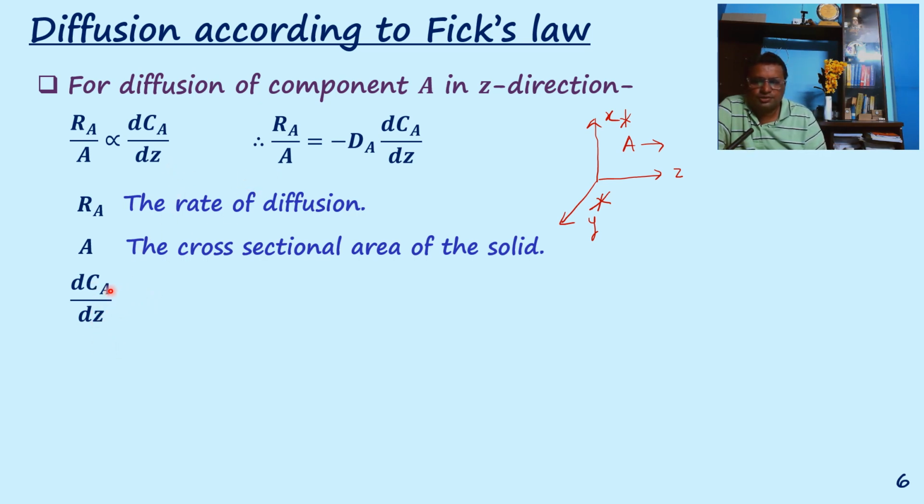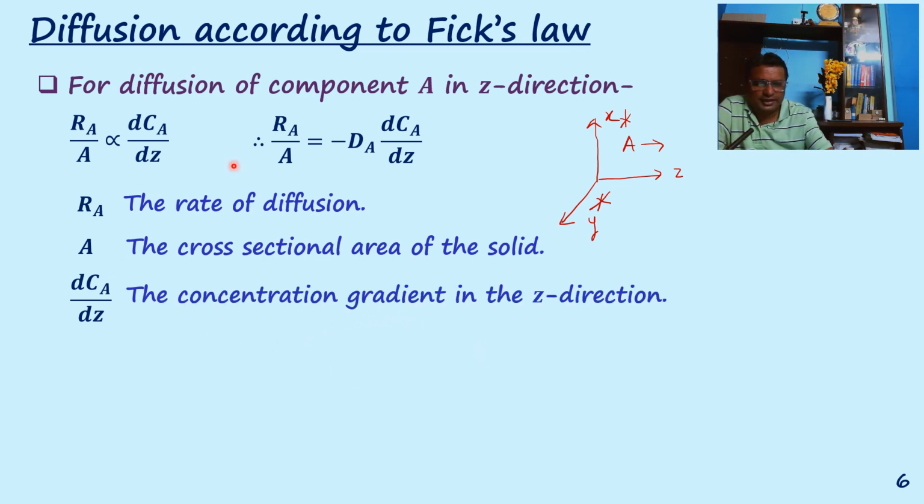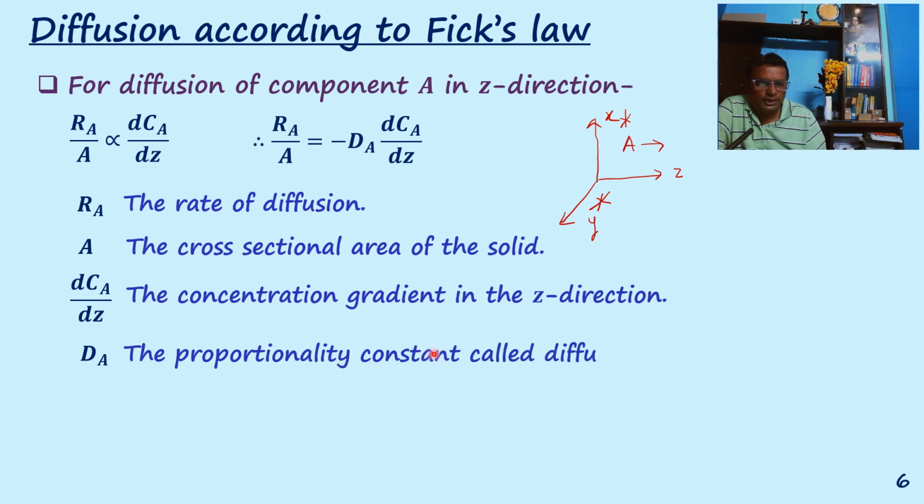It tells how concentration of A changes in z direction, where CA is molar concentration. Then DA is the proportionality constant, which is called the diffusion coefficient.